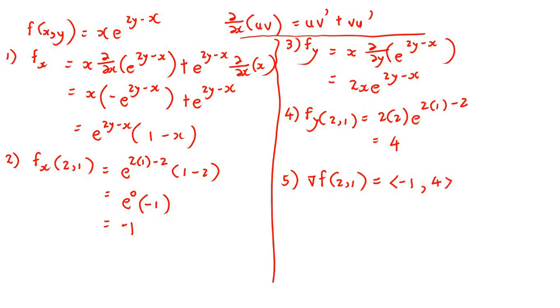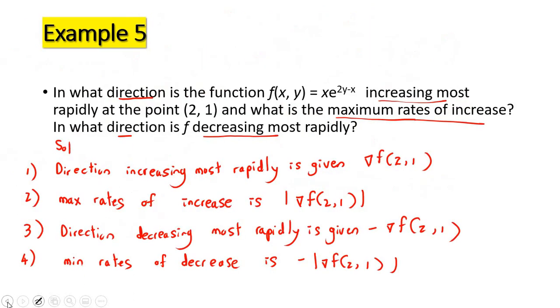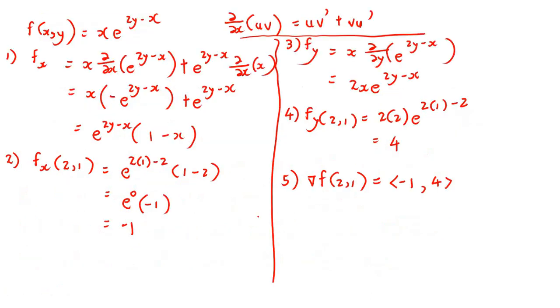The unit vector we obtained just now, never mind. We just want the direction of most rapid increase, which is given by the gradient vector, negative 1i plus 4j.